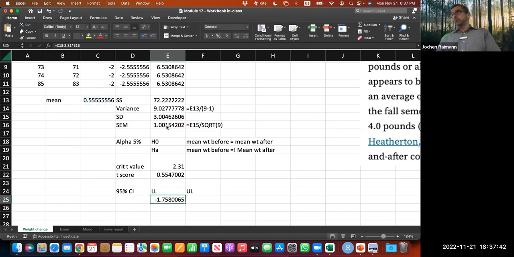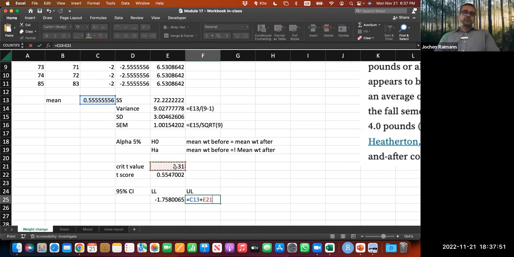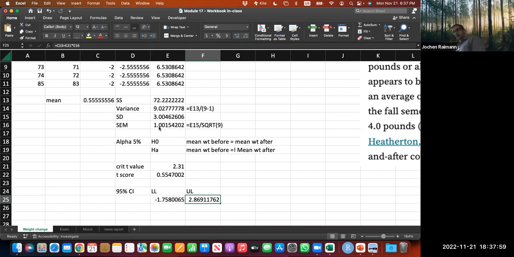So this gets us to a lower limit of minus 1.76, whereas the upper limit is calculated as the mean plus 2.31 multiplied by our standard error of the mean, which gets us to 2.87. So now when you look at this in total, you have your 95% confidence interval, and now think of the definition we had for the z statistic, where we compared the mean of our sample and the distribution of the sample means to our population mean.